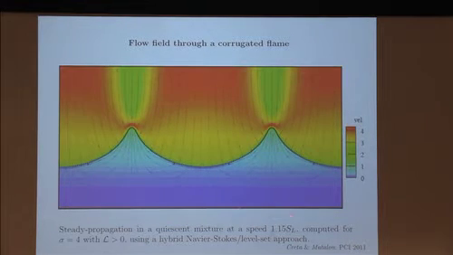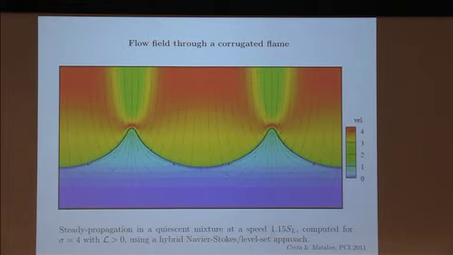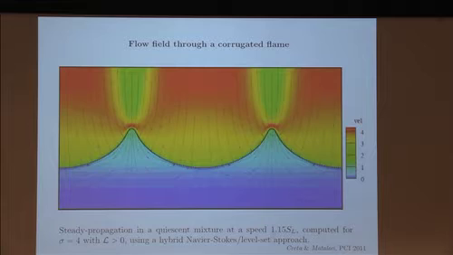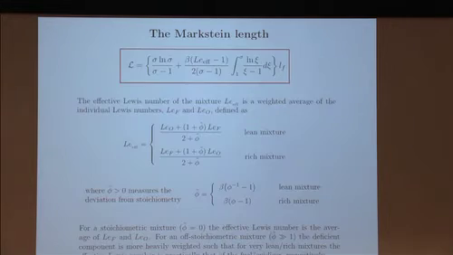So the flow is pointing this way, and by doing so, it maintains this cellular structure, which, by the way, is a result of a hydrodynamic instability, and that's why the flame can propagate in this steady fashion at some propagation speed, which is, of course, larger than the laminar flame speed. But we are going to discuss that later on.